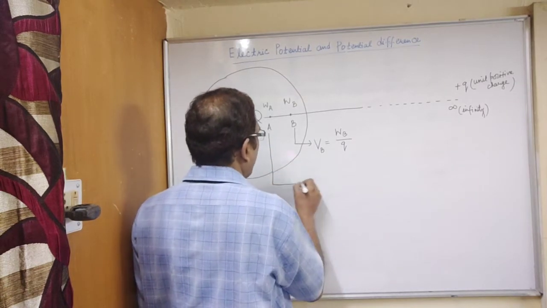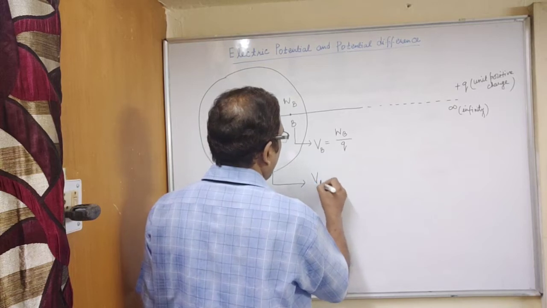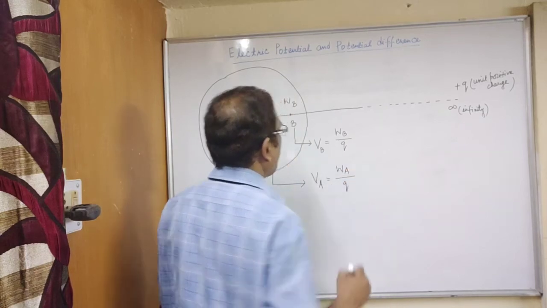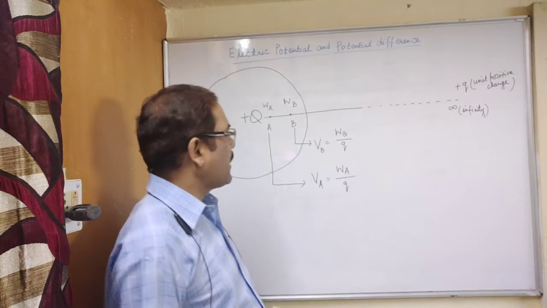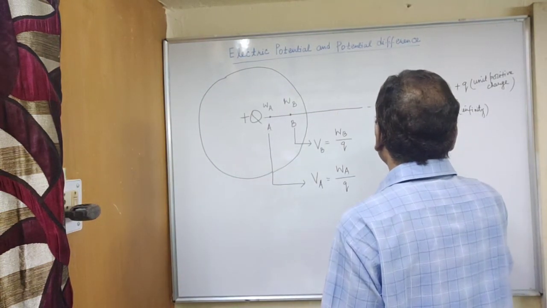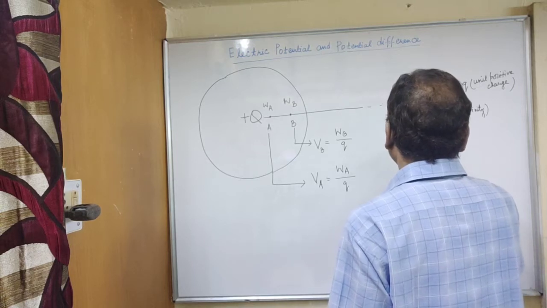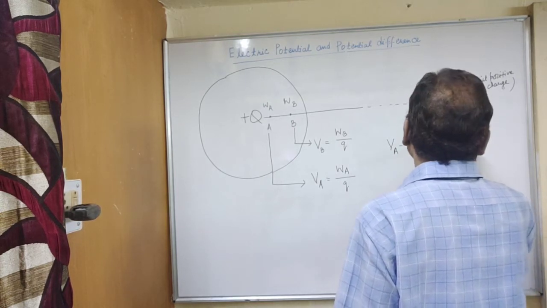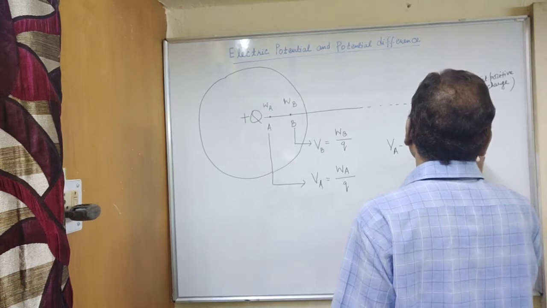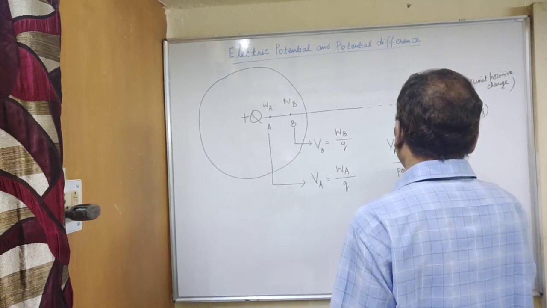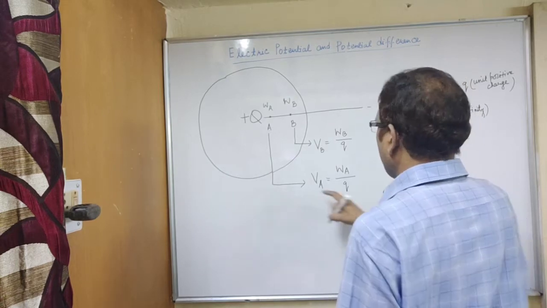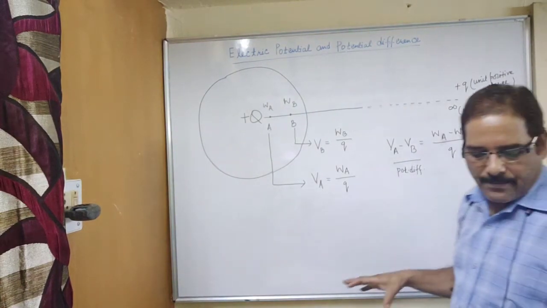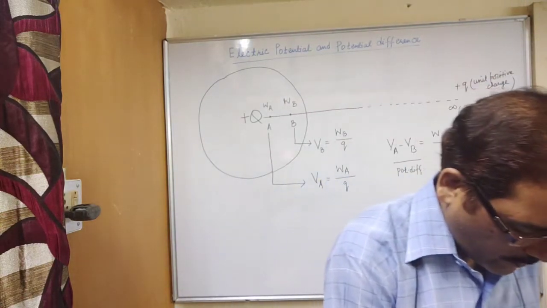Similarly, if you want to find out the potential at point A, then at point A potential will be WA by Q. If you have to calculate the potential difference, then VA minus VB will be simply equal to (WA minus WB) by Q. This is the potential difference, and these are the potential at point A and potential at point B. So this is the concept of how we can define potential.